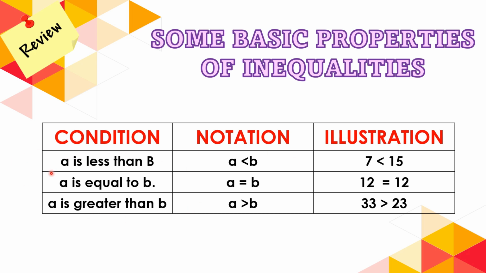Second condition, A is equal to B. Notation, A is equal to B, and its illustration will be 12 is equal to 12. And last one, A is greater than B. So the notation will be A is greater than B. Example of this is 33 is greater than 23.